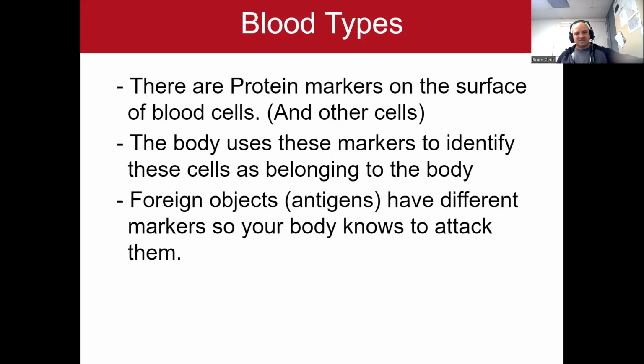That way, if there's something else in your blood, bacteria, a virus, some other cells, your body knows, hey, this isn't us, and it knows that your immune system should go and attack that thing. So chemically, think of it like a basketball jersey. You know which team everyone's on, so you can quickly identify who's on our team and who isn't.